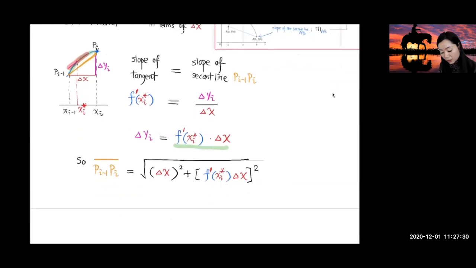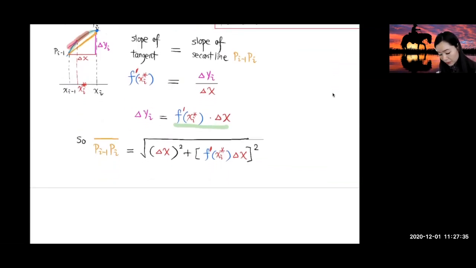Now remember, we're trying to take the delta x out. So what do I do over here? We will take out this common factor delta x squared, right? And then over here in front, we will have 1 plus f prime of x_i star. But don't forget, there's a square there, okay?